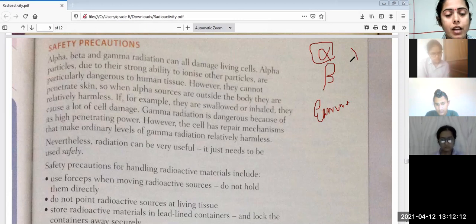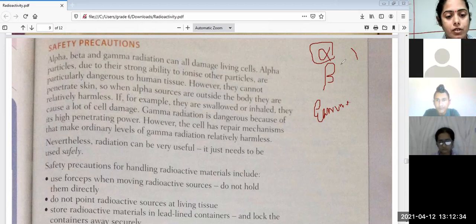So if a little of the alpha radiation reaches, it is not able to cross that screen, not able to penetrate that. So we are a little protected. Fine. But yes, if alpha radiations go in directly, then obviously that's going to be a big damage to the cells.